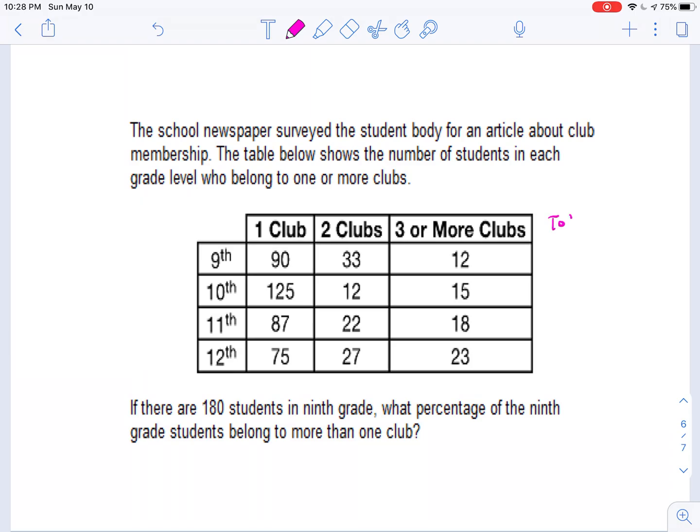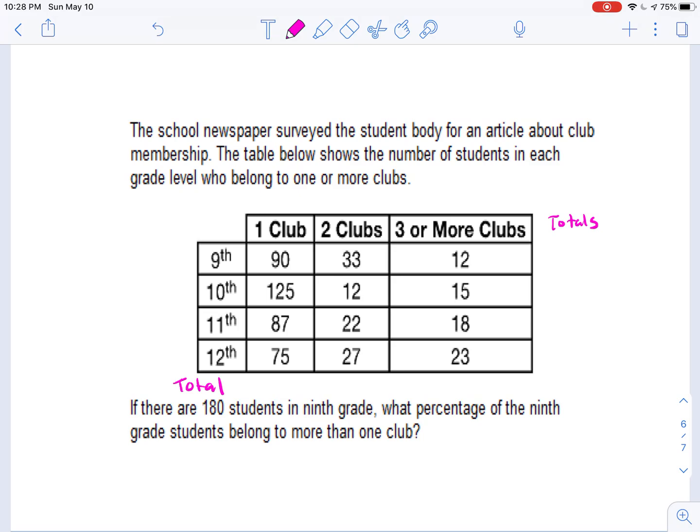Okay? So before we even look at the question, what's different about this table compared to all the rest that we looked at today? It doesn't have the totals column. Okay? Now we could find all of these totals column, or we can wait to see what the question asks of us so that we can identify just the total that we need.